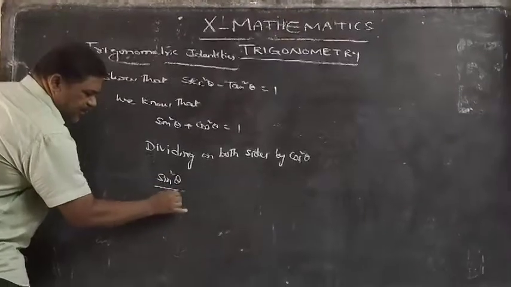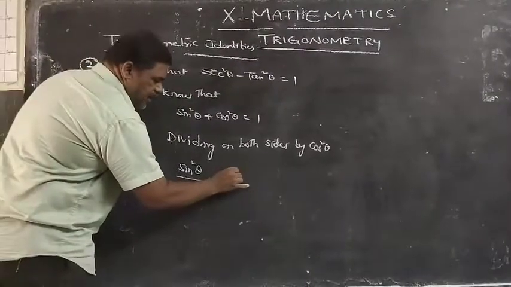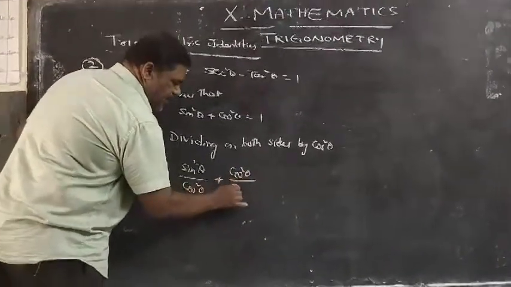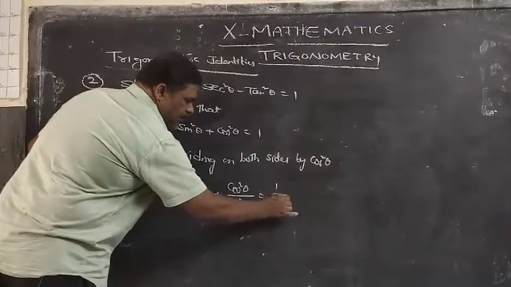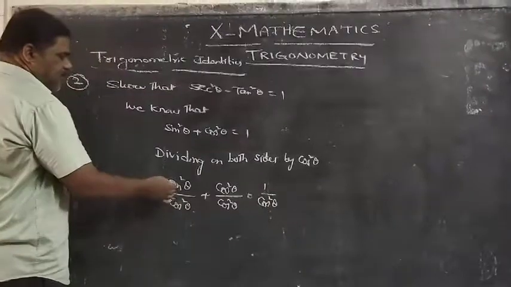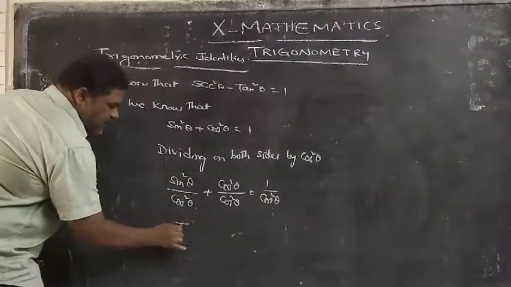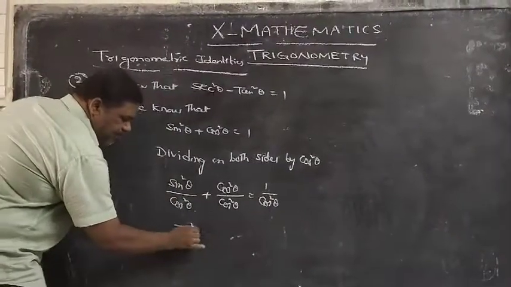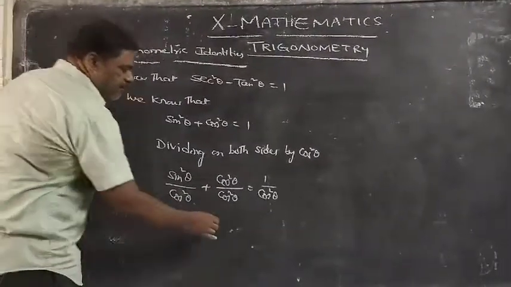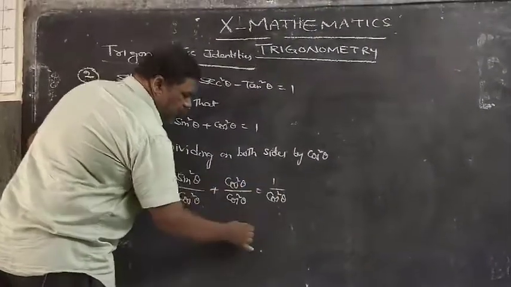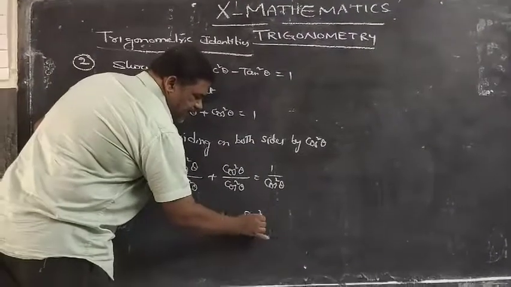Sin square theta by cos square theta. Here, cos square theta by cos square theta is equal to 1 by cos square theta. Sin square theta by cos square theta, sin by cos is called tan. Cos square by cos square will get cancelled, it will become 1. Reciprocal of cos theta is called secant theta.